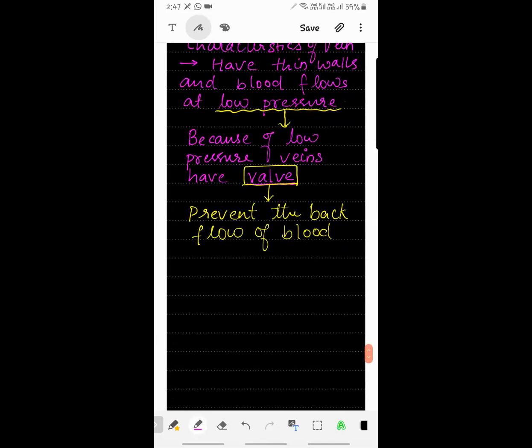So that's why veins have a valve, which allows the blood to flow in one direction.